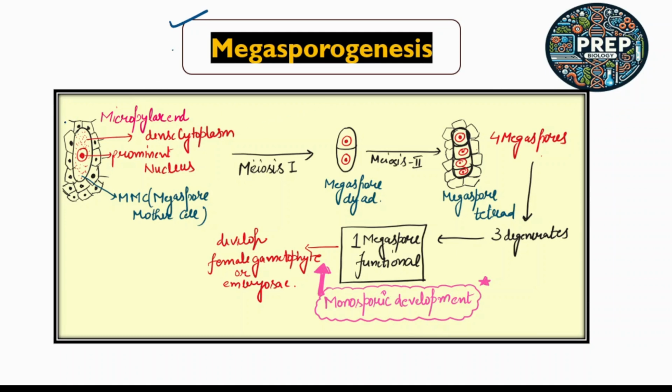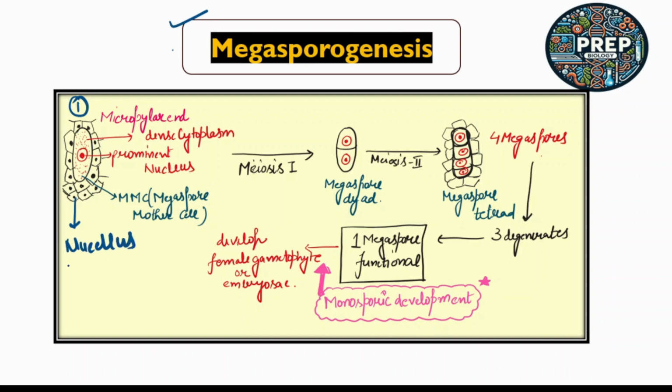This is the first stage, in which we know this is the embryo sac, and inside the embryo sac the development occurs. Around the embryo sac there is a mass of cells, that is called the nucellus.